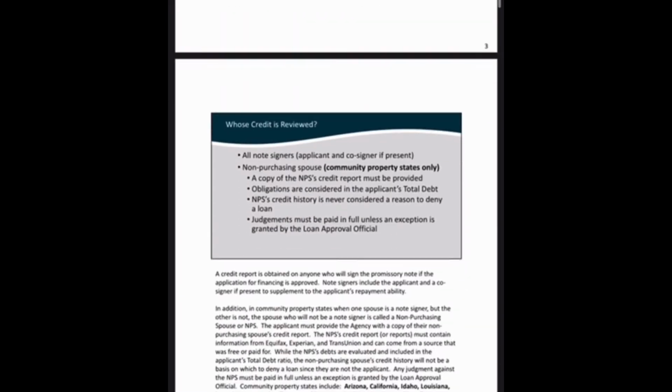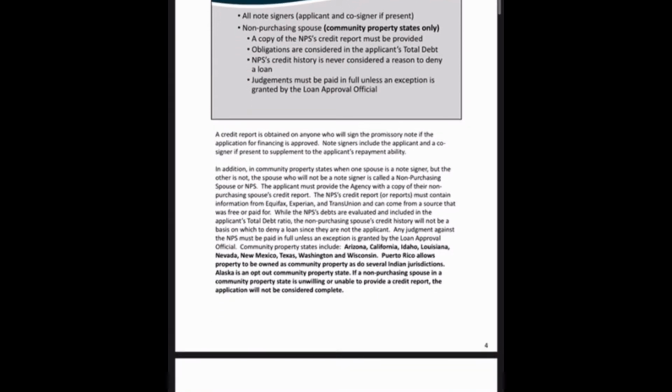In some states, they are community property states. What that means is if you have a wife or husband who is not applying, but you are, because they may not be working or whatever the situation may be, they will still have to give their information in a community property state.